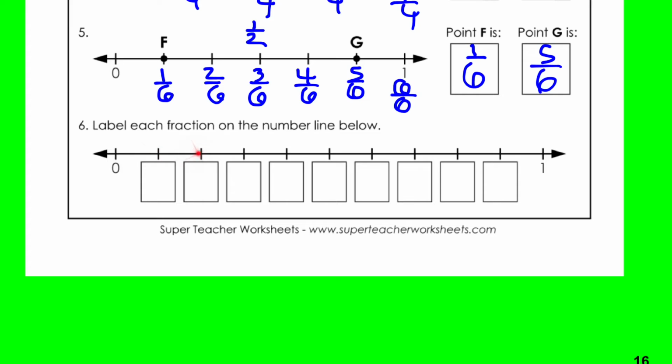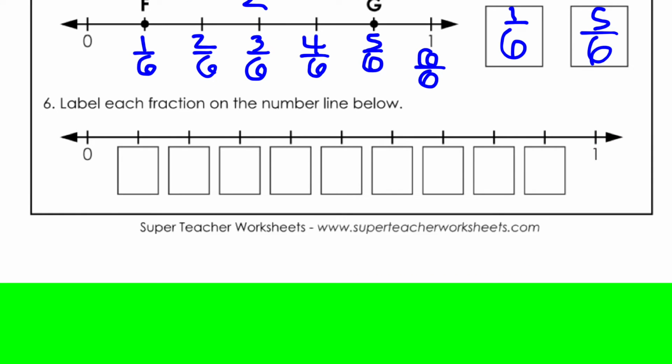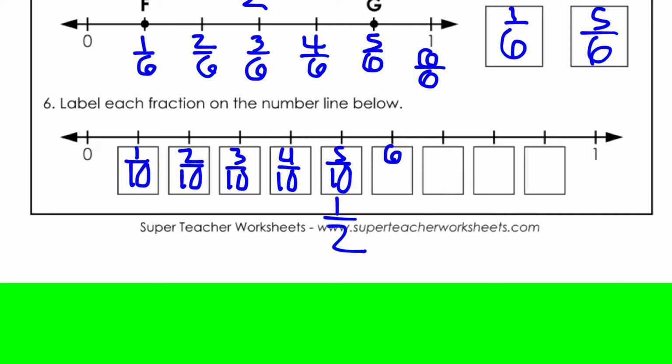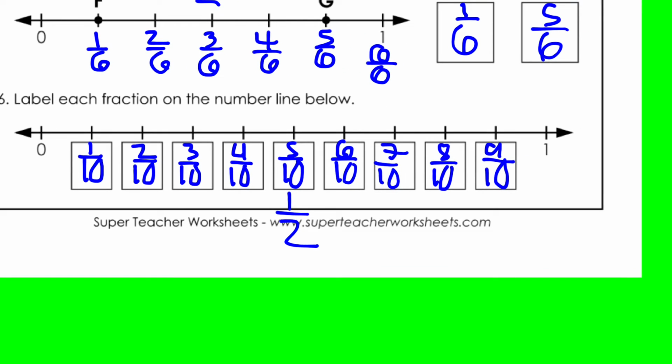I count 1, 2, 3, 4, 5, 6, 7, 8, 9, 10 sections, which means the very first section would be 1 out of 10, 2 out of 10, 3 out of 10, 4 out of 10, 5 out of 10, or better, 5 out of 10 is also 1/2, 6 out of 10, 7 out of 10, 8 out of 10, 9 out of 10, and 1 whole we could call 10 out of 10.